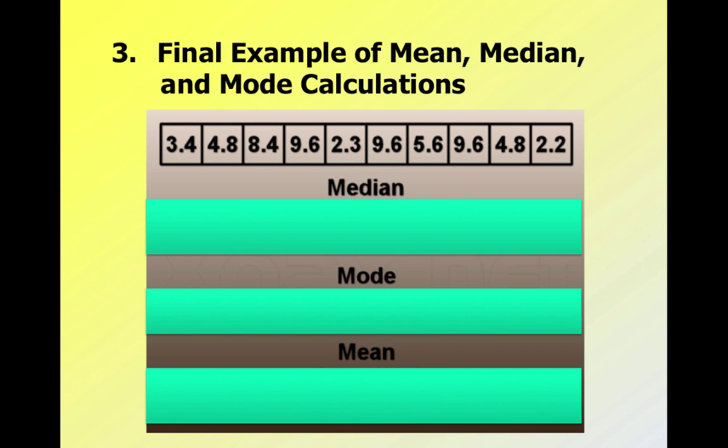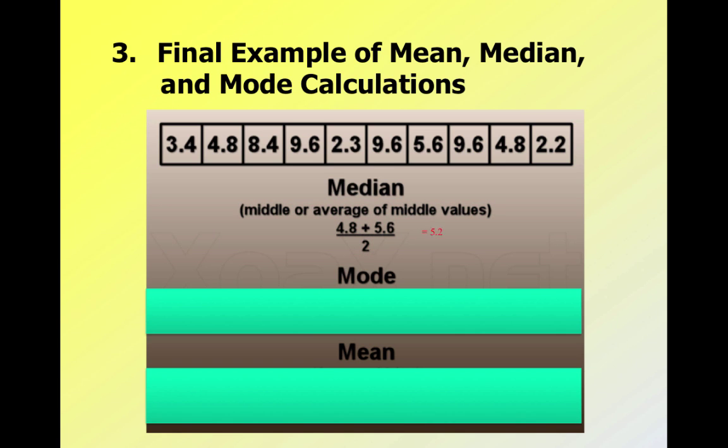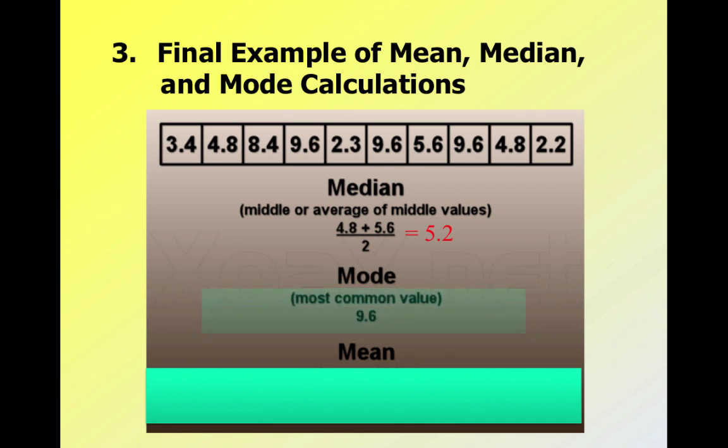Okay, here's a final example of calculating the mean, median, and mode. Go ahead and take some time working through these. When you're done, go ahead and continue on with the video. Otherwise, pause the video now. Okay, hopefully you worked through these problems. The median, 5.2. The mode, 9.6.